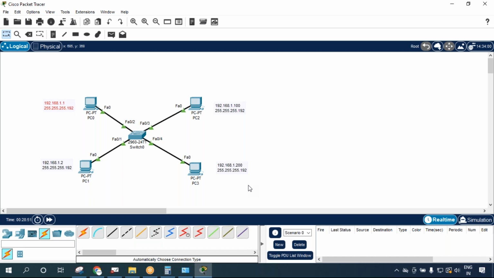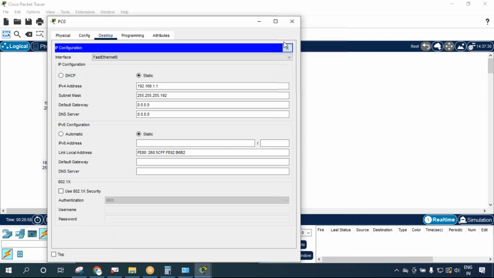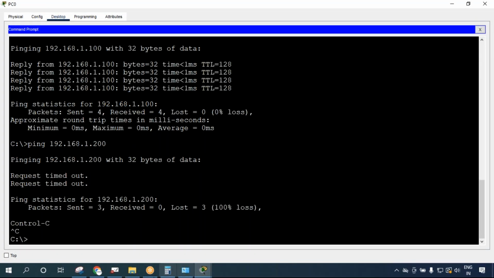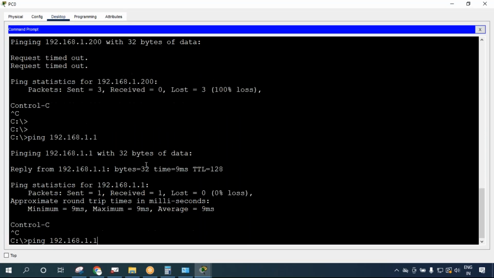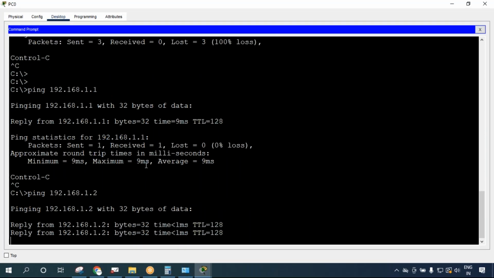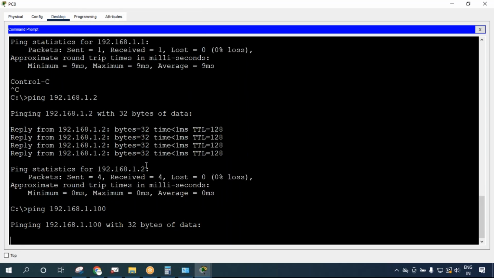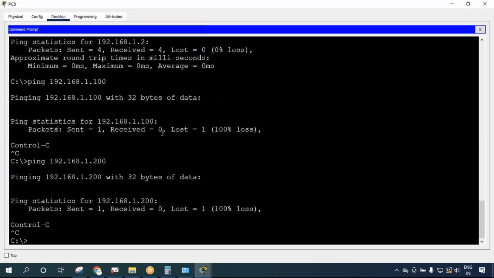Okay, that's great. Now from 1.1 try to ping 1.2 and 1.100. I'm not able to ping 1.100, and I'm not able to ping 1.200 now. Previously I was able to ping 1.100, but now I'm not.